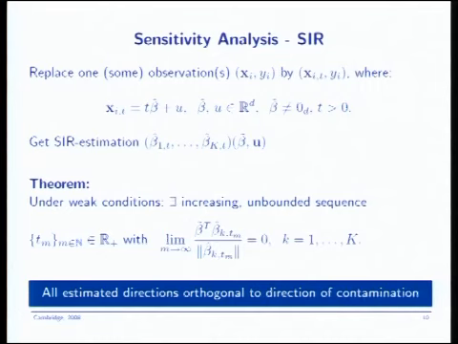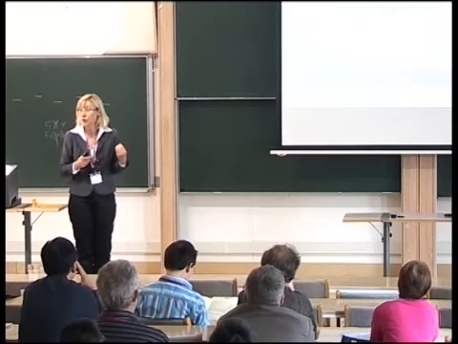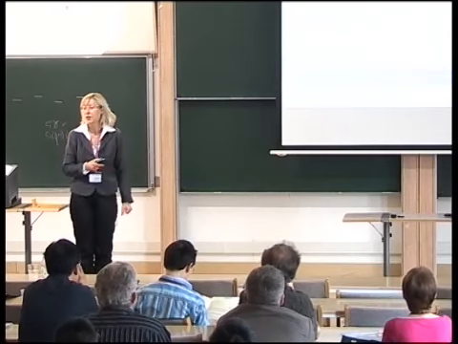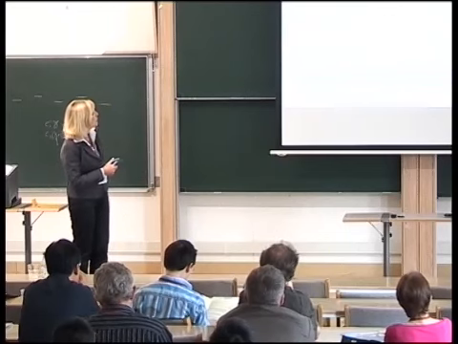Okay? So that means that if you have only one large contaminated X value, then in the end the estimation of the effective dimension reducing directions can be almost orthogonal to the true one, because of course you can choose beta tilde to be the true direction, as this picture shows us.